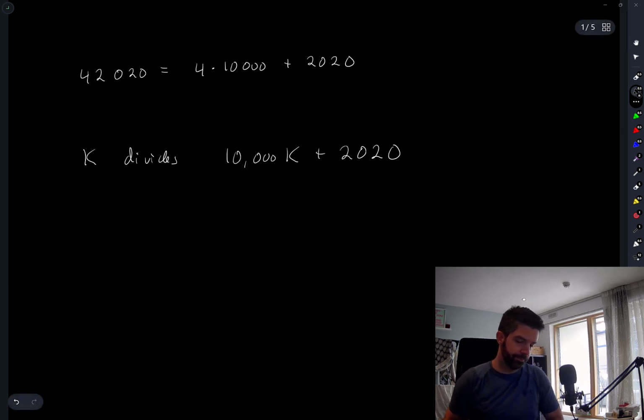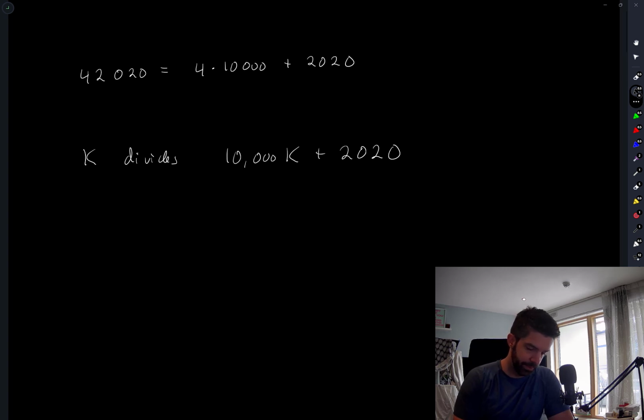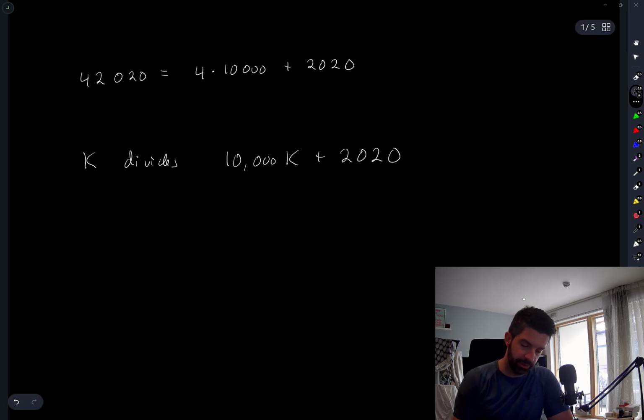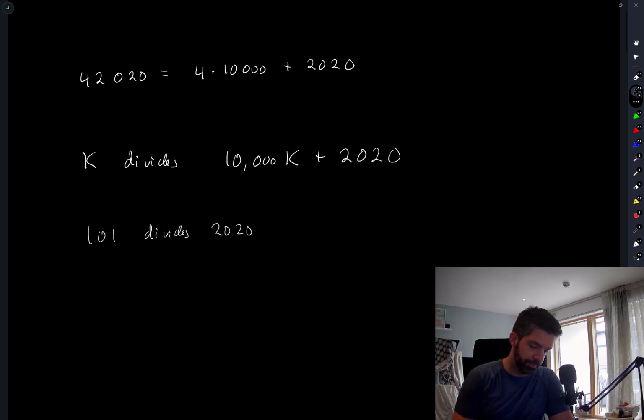Let me first find an example of another number in this set. Let me see if my intuition is correct and just choose an arbitrary factor of that. 20 is a factor of that. In fact, let's use something a little bit less, let's stop repeating these digits 2 and 0. 101 divides 2020.